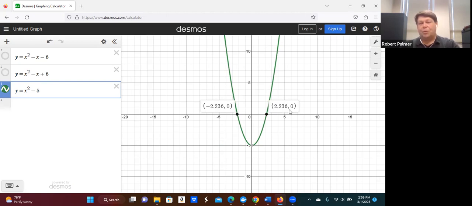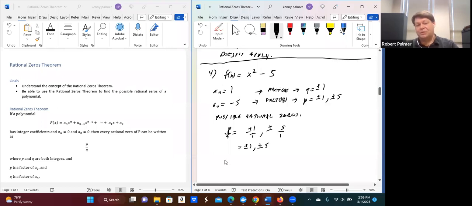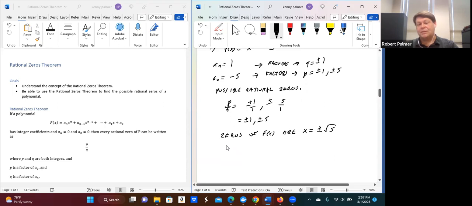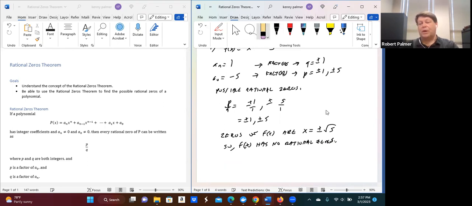If you actually set this equal to 0 and solve, our zeros of f of x are x equals plus or minus the square root of 5. So this f of x has no rational zeros.